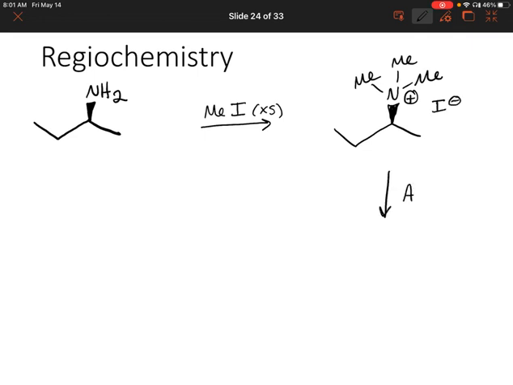Now we're going to add that silver 1 oxide, and that's going to again replace our iodide ion there with a hydroxide ion, which will act as our base for elimination. So let's just draw that real quick.